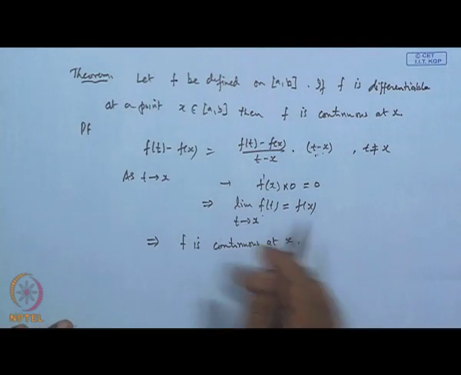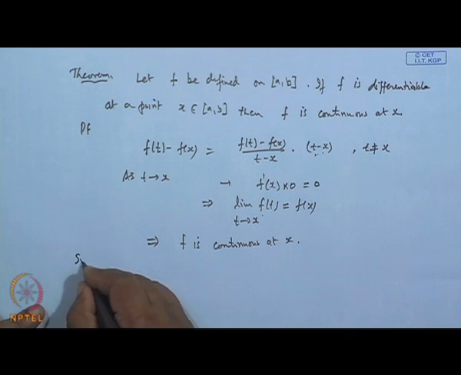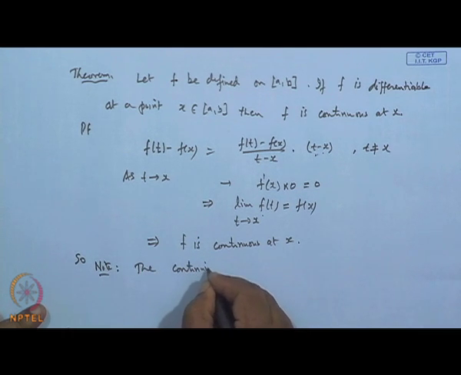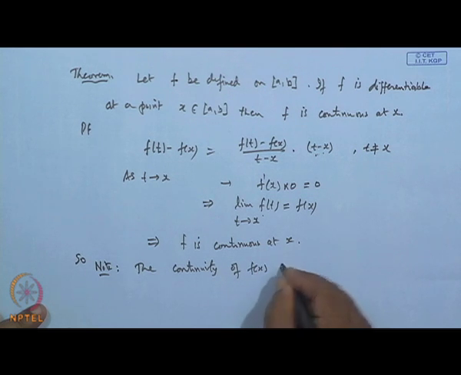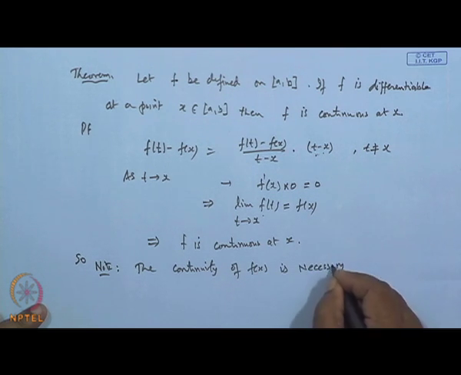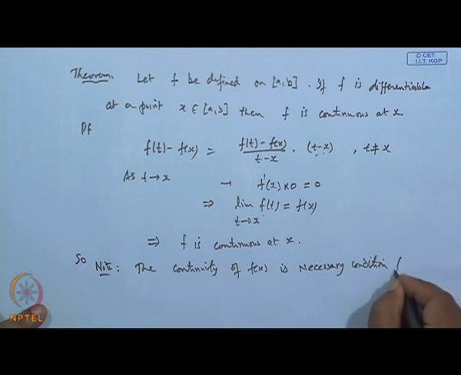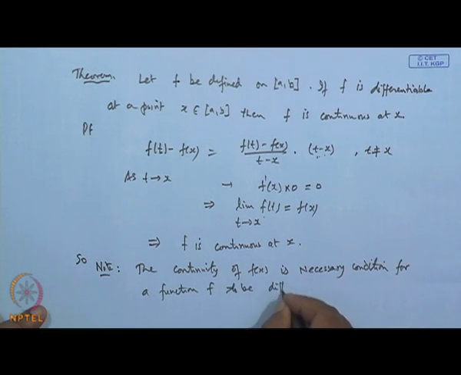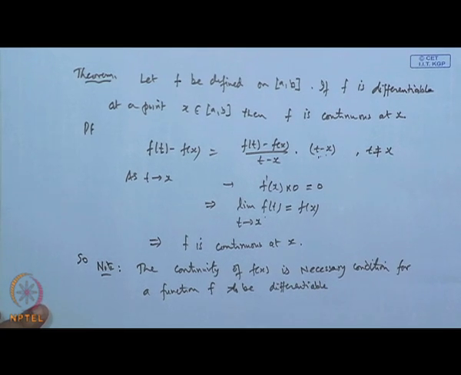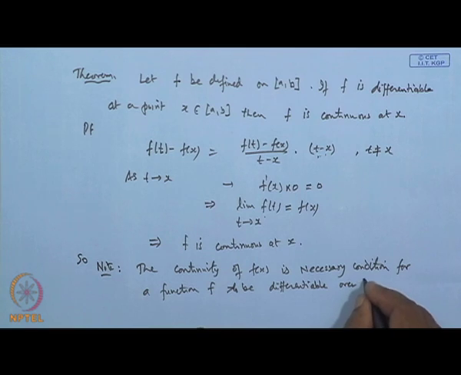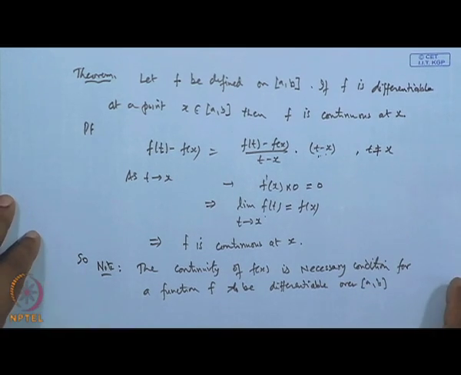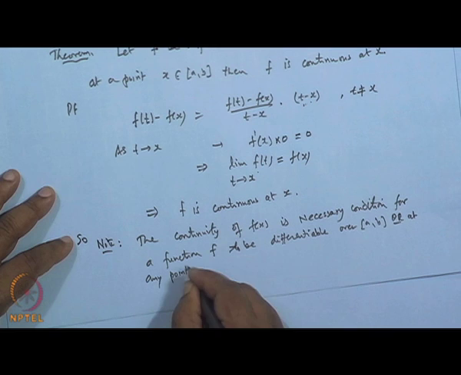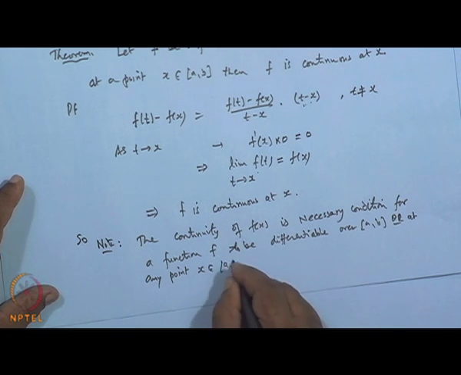Then we say the converse of this. So, as a remark or note, the continuity of the function f x is a necessary condition for a function f to be differentiable over [a, b], or at any point x belonging to [a, b].